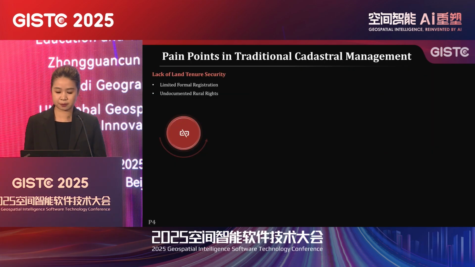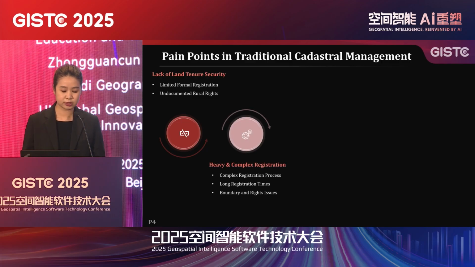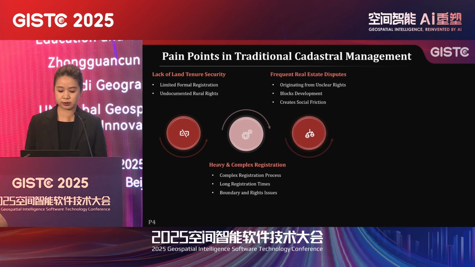This traditional process has some key pain points. First, there is a lack of land tenure security, with many rural land rights unregistered and undocumented. Second, the registration process is complex and slow, often taking over 6 months, with boundary rights issues. This contributes to frequent real estate disputes and social frictions.